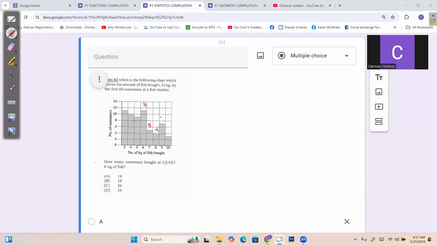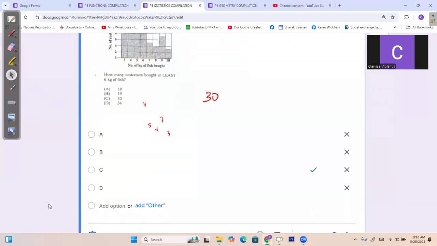This would be 7 because it's half, right? Because remember, every one is 2, so a half would be 1. So this would be what? 3. So let's add these numbers. That's 10, 14, 19, 30. So that would be 30 people. So that would be C.